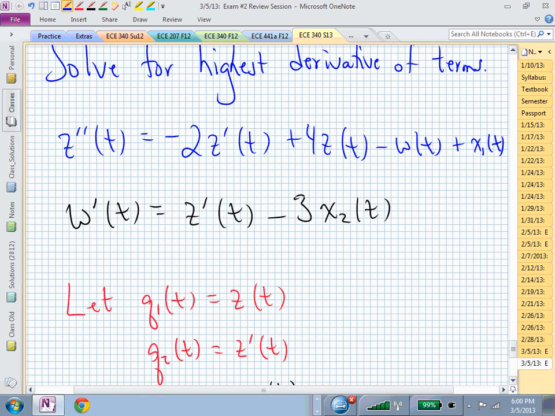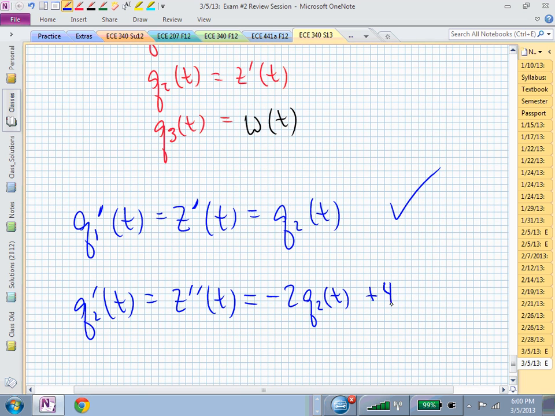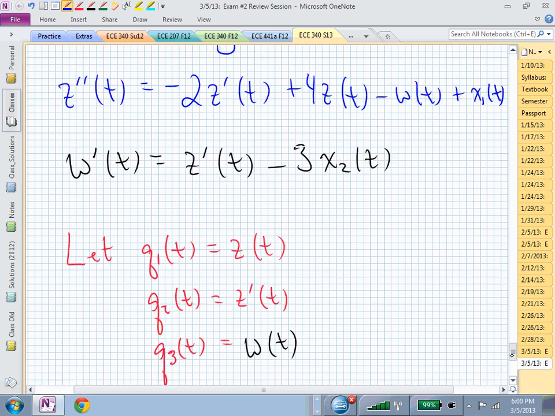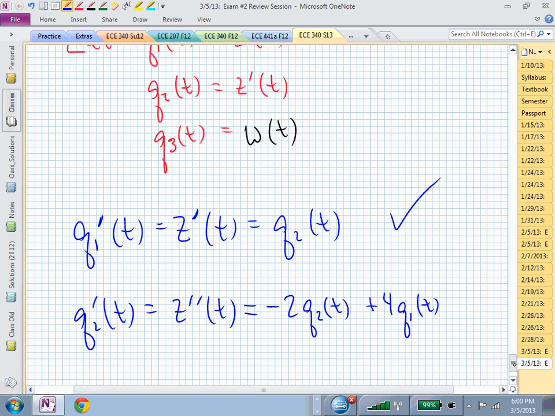Then I have plus 4z, but z we defined as a state variable. That was q sub 1. We then have plus 4 q sub 1 of t. Minus w, but w we defined as one of our state variables.